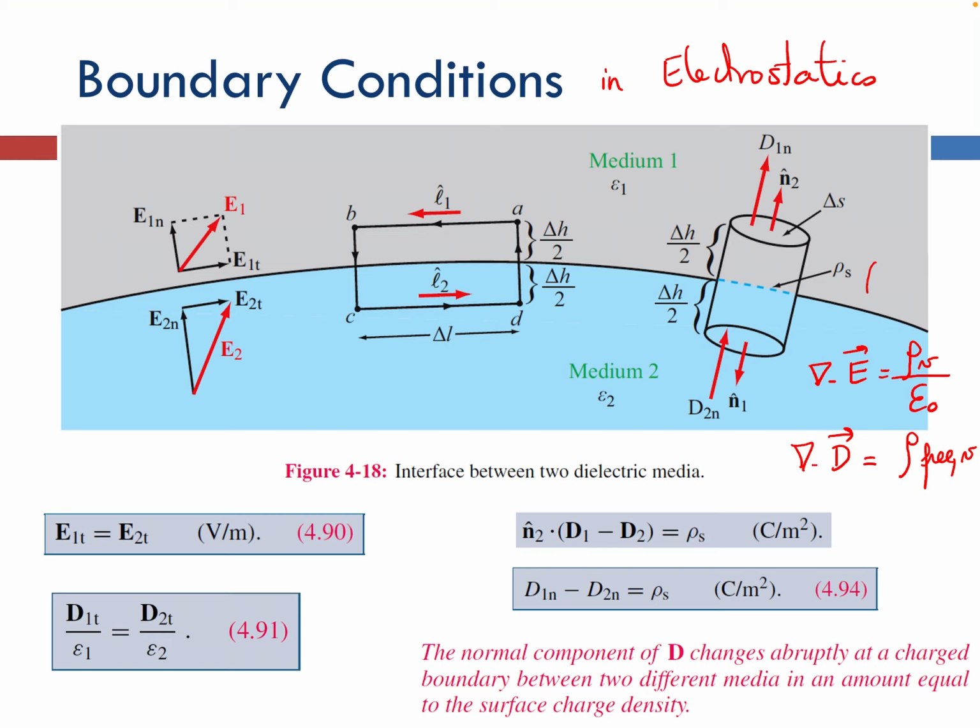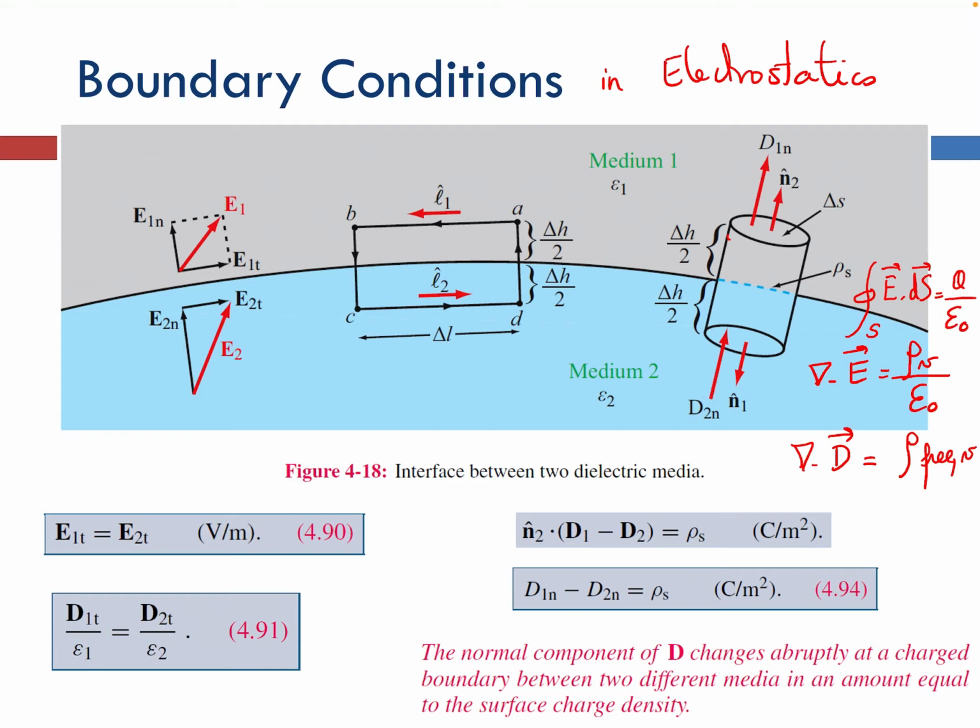And if we apply Gauss's theorem, we know that this is equivalent to say that the flux of E or D is given by the total charge enclosed by this surface.